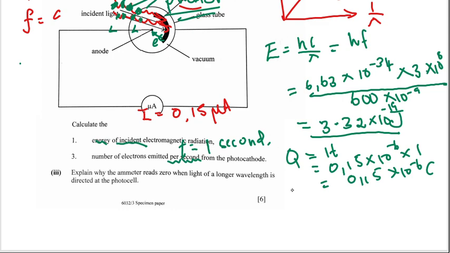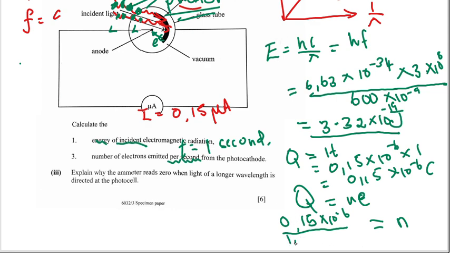Which formula relates the charge and the number of electrons? Q is equal to Ne, right? Then you use that expression. Q is the charge, N is the number of electrons, and e is the charge on an electron. Let's substitute. The charge is 0.15 times 10 to the power of minus 6. Then we divide by the charge on an electron, which is 1.6 times 10 to the power of minus 19.